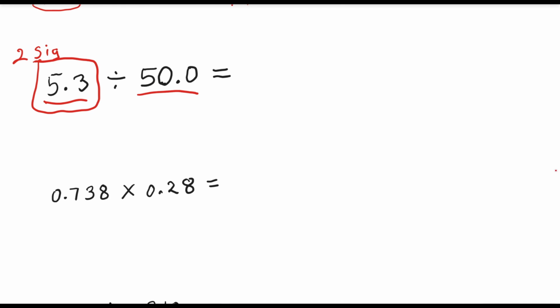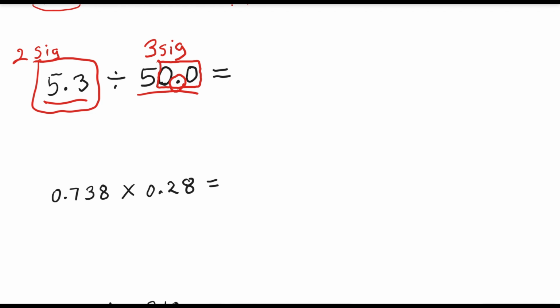If you saw my other video, you will know that these zeros are trailing zeros. And trailing zeros are never significant except if a decimal is present. The fact that we have a decimal here makes the other zeros significant. So here we have three significant figures.